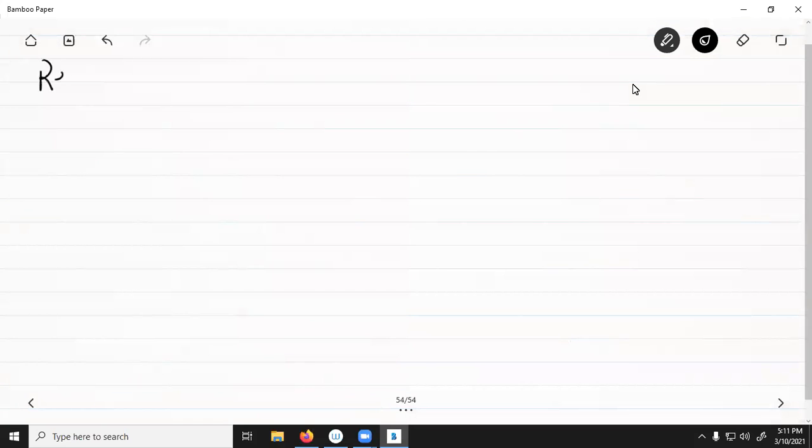So, remark. We say a function is continuous at x naught if the limit of the sequence f of xn as n approaches infinity is equal to f of x naught, right?